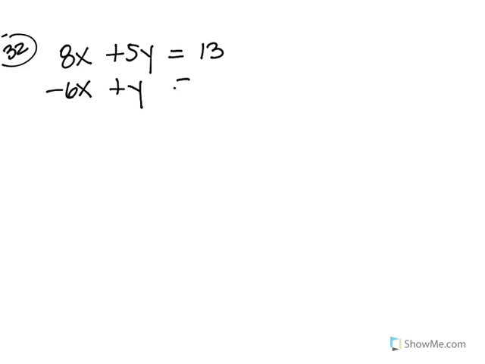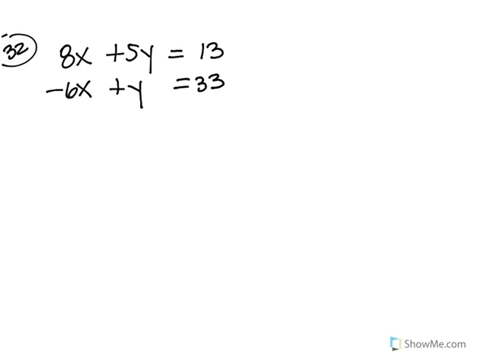And the last type of problem we looked at, this is the last one on the review, was the system of linear equations. 8x plus 5y equals 13, and negative 6x plus y equals 33. And they said use substitution. So I don't want you to think, because they're going to have it stacked like this, that you have to do elimination.